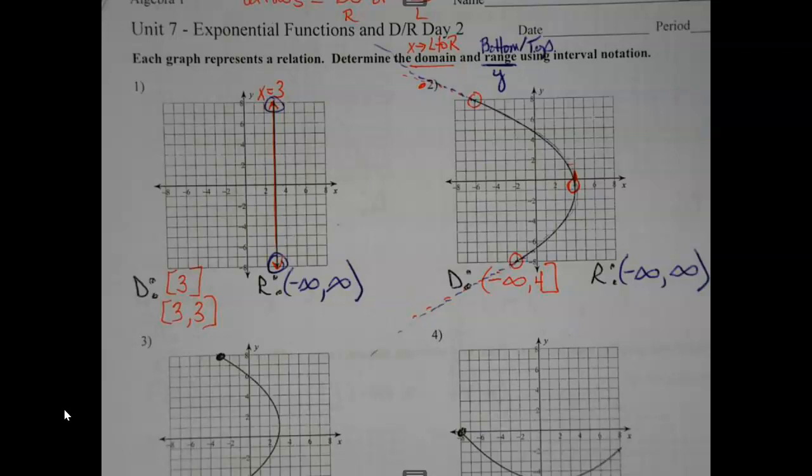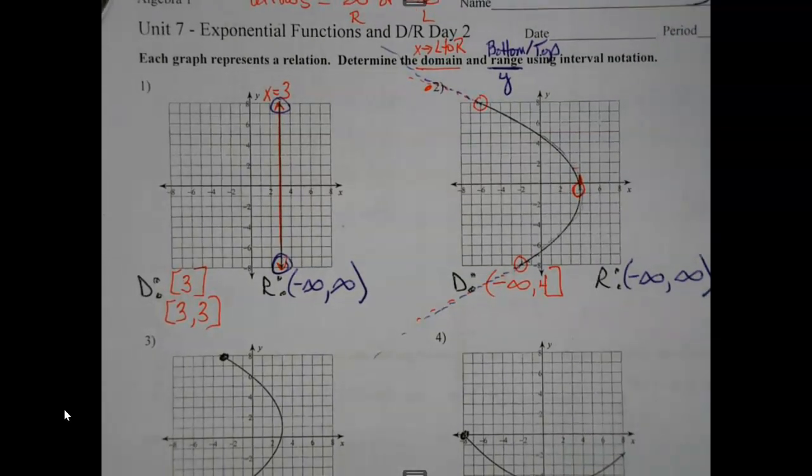But if you put 3 to 3, because we always put 2 numbers every other time, you can put the same number twice if it happens to work out that way. So that's just getting our heads thinking again about domain is x, range is y, and playing with it, which is going to lead us into what we were doing yesterday.